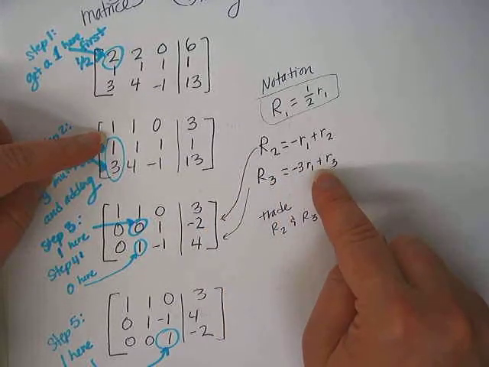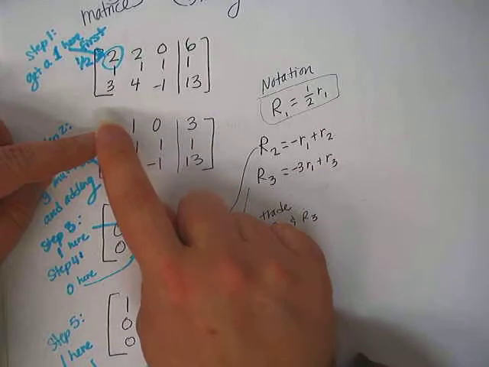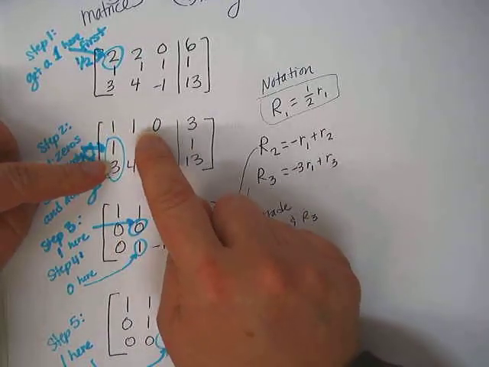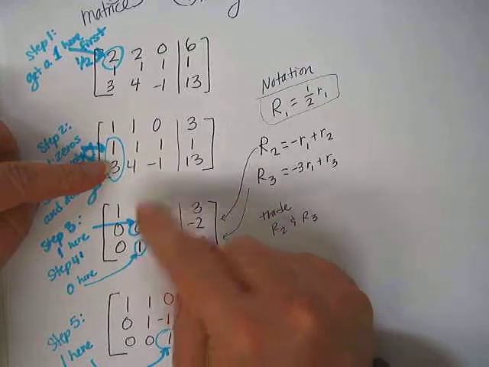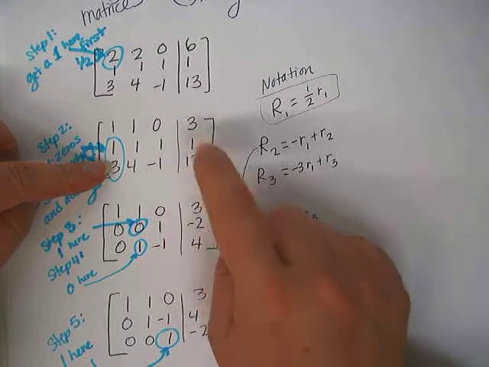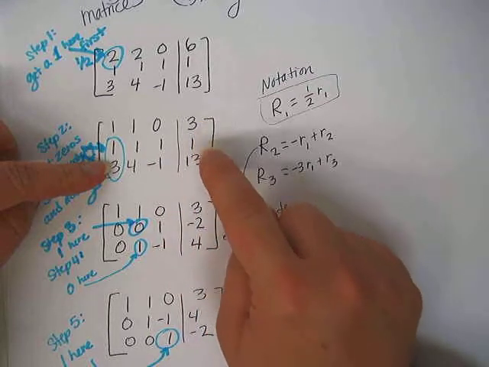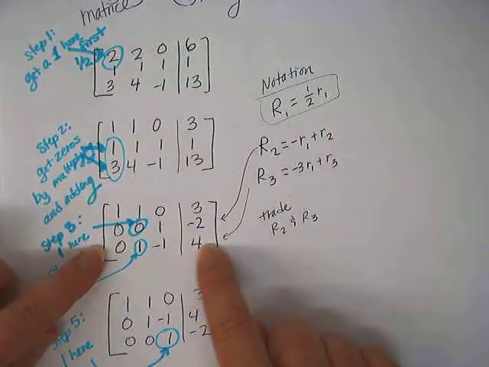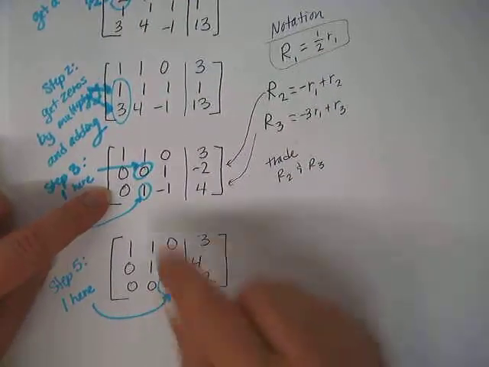Then we do the same thing, but this time we multiply the top row by -3 and add it to the next row. So -3 times 1 is -3 plus 3 is 0, -3 times 1 is -3 plus 4 is 1, -3 times 0 is 0 plus -1 is -1, -3 times 3 is -9 plus 13 is 4.